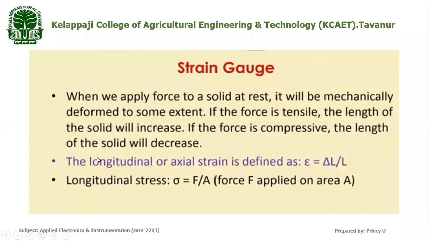The longitudinal or axial strain can be defined as the ratio of change in length per unit length. So it can be represented as epsilon, which is delta L by L, change in length by length. And longitudinal stress is represented as sigma, which is force per unit area. Force F applied on a unit area is longitudinal stress.